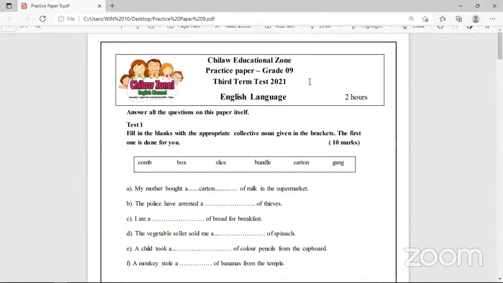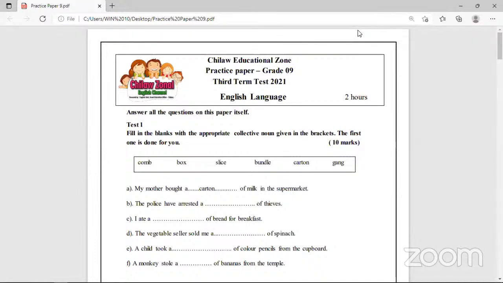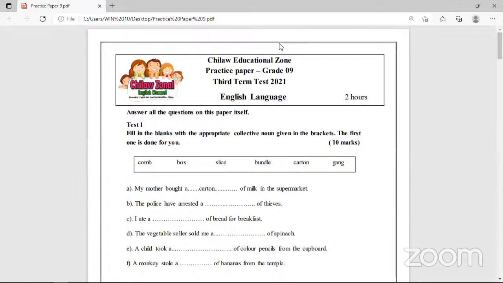Earlier I published this one in the groups. You may have taken a printout, or if you couldn't, just write the answers on a paper and mark them while I am discussing. There are 10 questions. This is a model question paper for the third term test 2021.